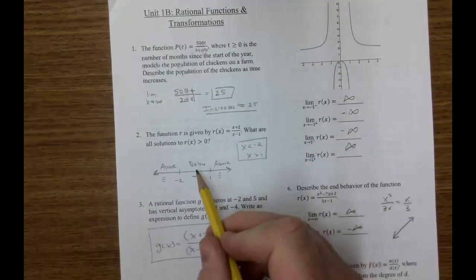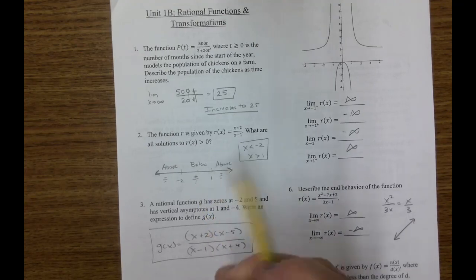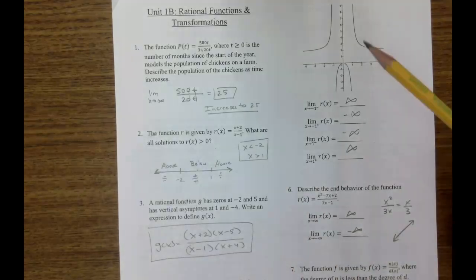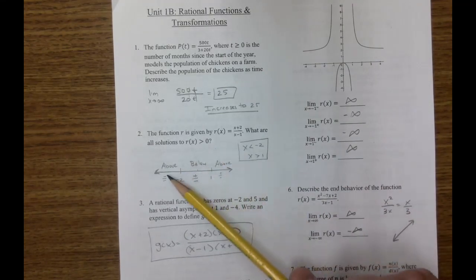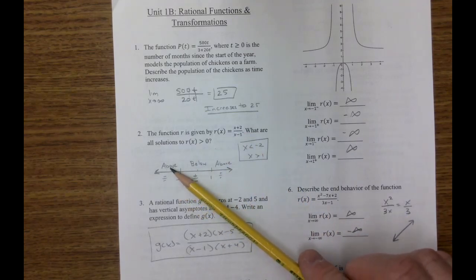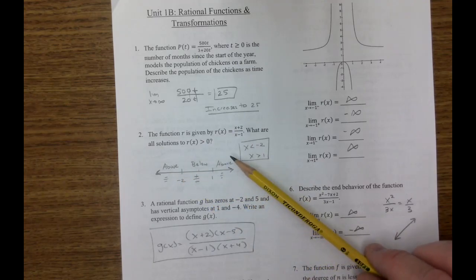If we put 0 in here, we have a positive over a negative, which is negative, below the axis. And if we put in a number less than -2, we have negative divided by negative, which is positive, above the axis. So this graph goes above, below, above the axis.